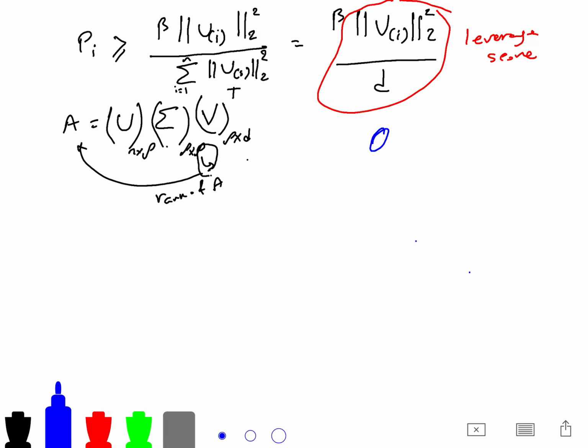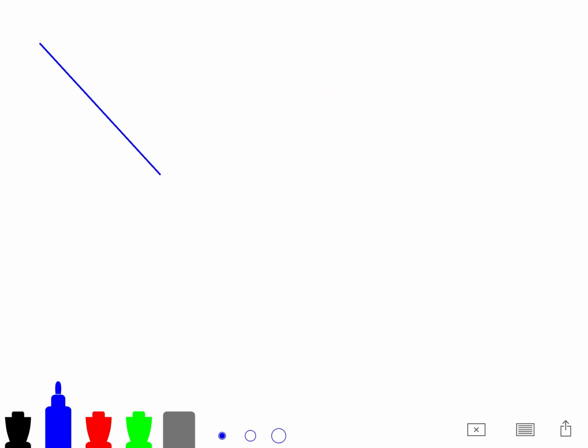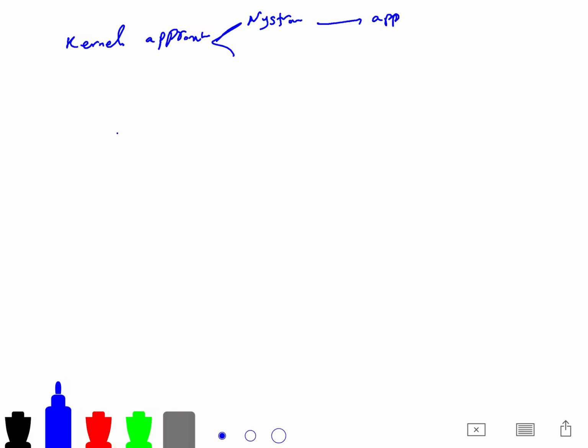And I want to say that all of this motivation was to somehow reduce the complexity of the kernel. Kernel approximation can be done in several ways. I will talk about two of them. The first one is Nystrom approximation, which approximates the kernel matrix, X transpose X, that I talked about in the previous lecture.